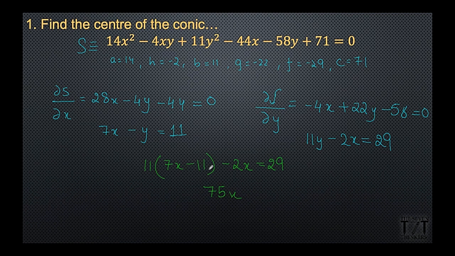11 into minus 11 is minus 121, which will go on to the right hand side, and we're going to add 29 to 121, and this will be equal to 150.